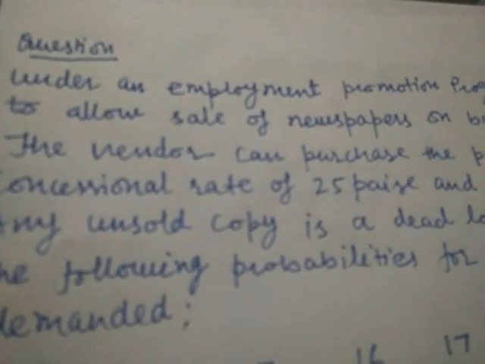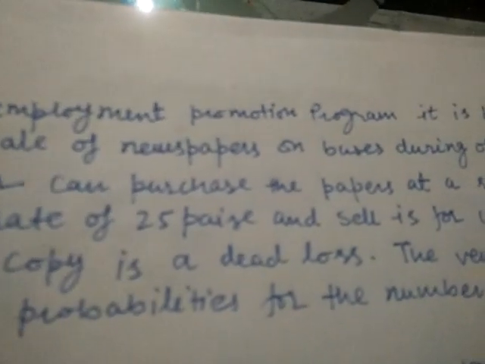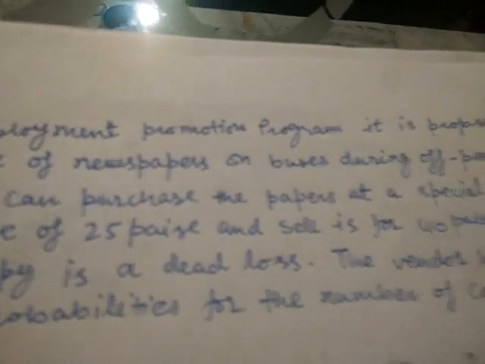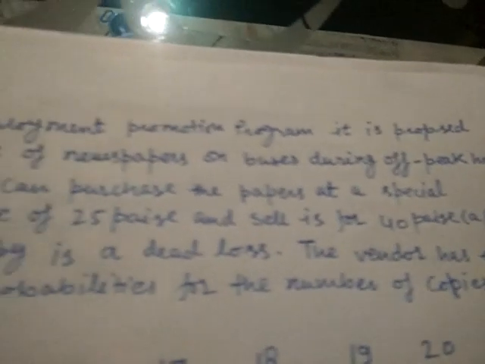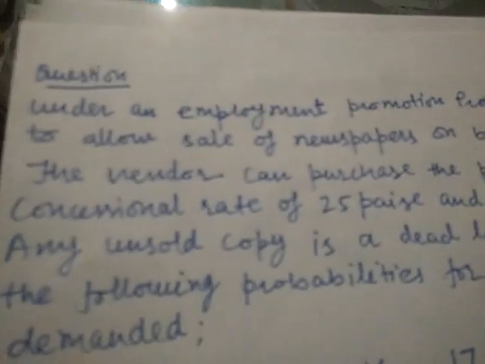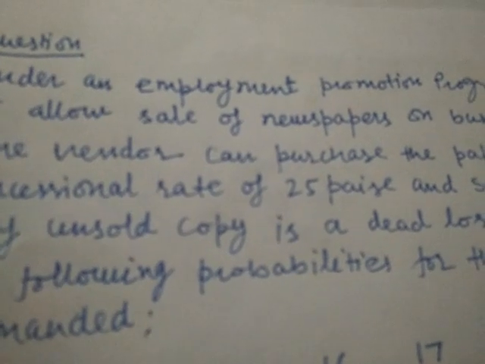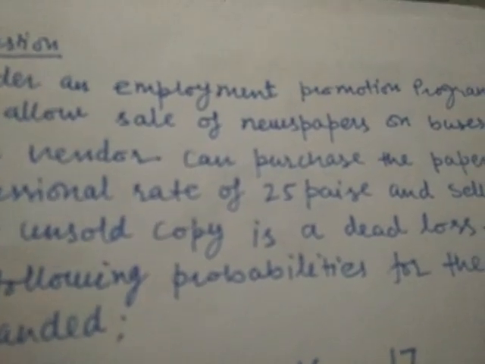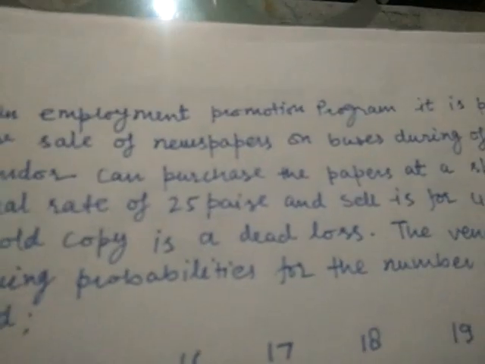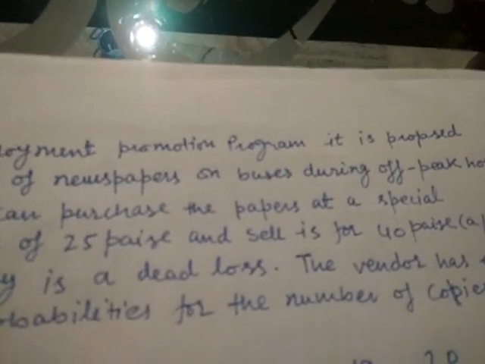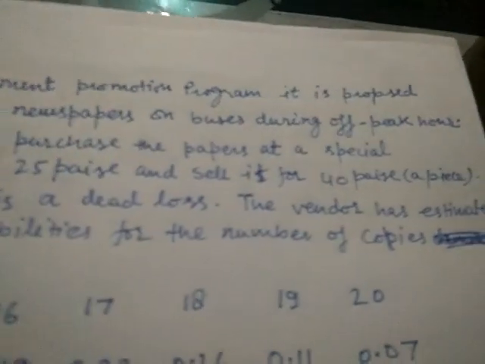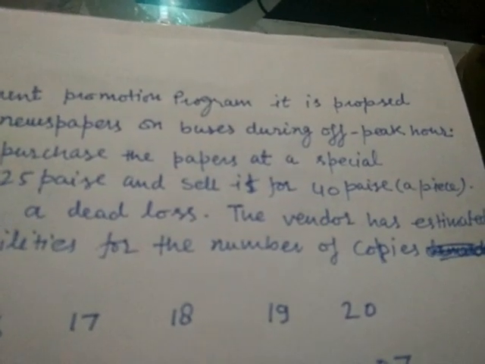The vendor can purchase the papers at a special concessional rate of 25 paise and sell it for 40 paise per piece.